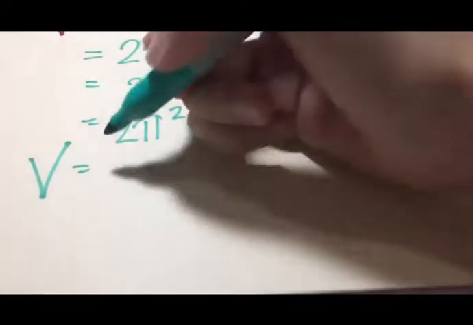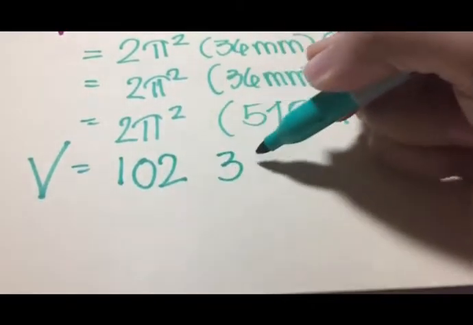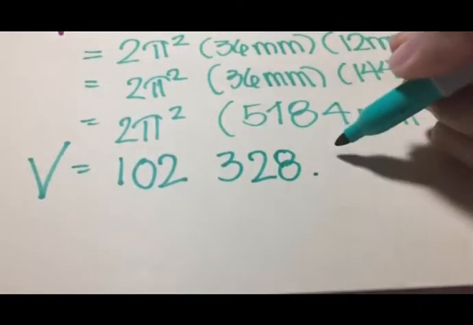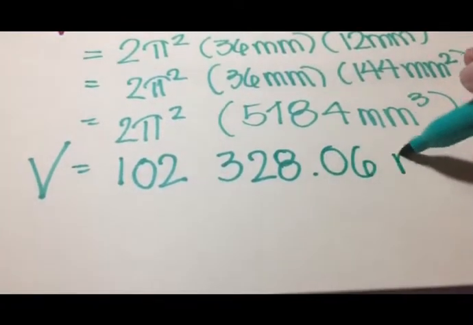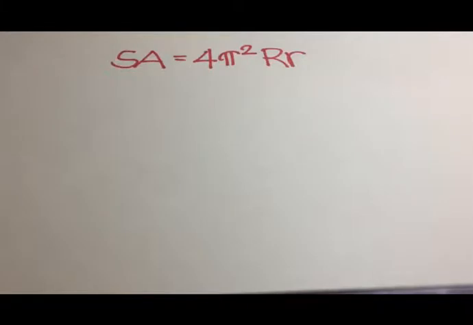Entering these values into your calculator, we come up with a volume of 102,328.06 millimeters cubed. To compute for the size of each packaging, we will use the formula for surface area.